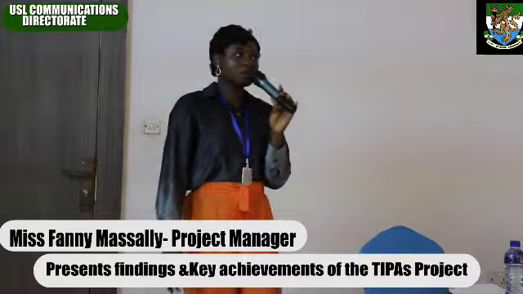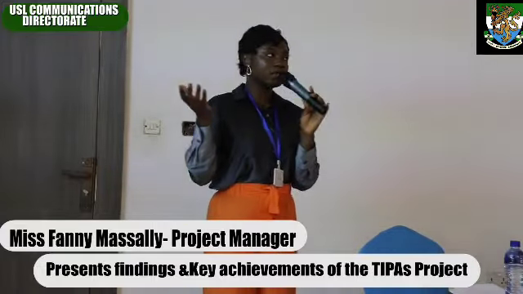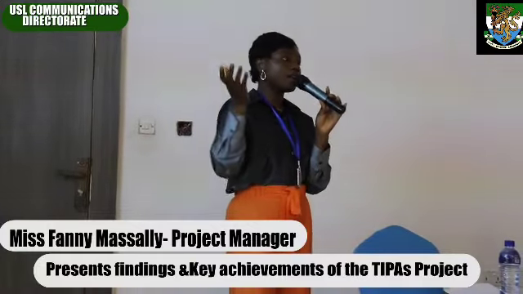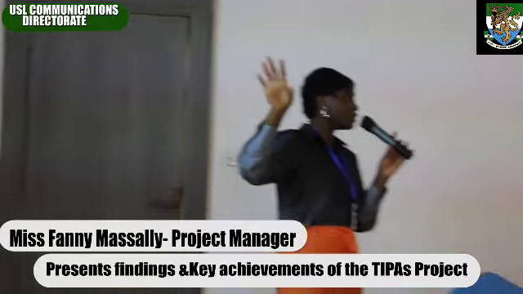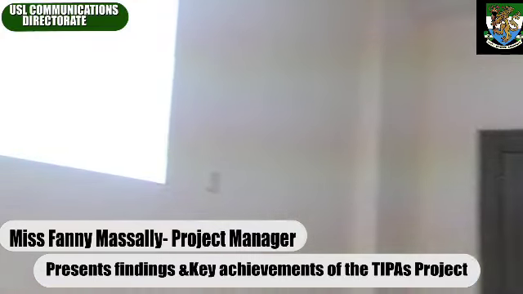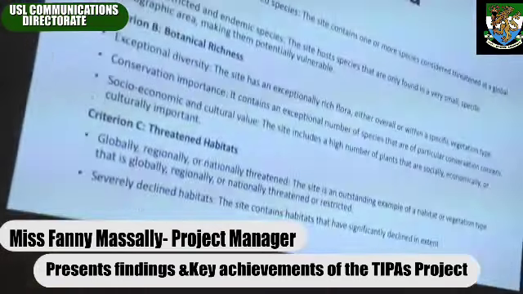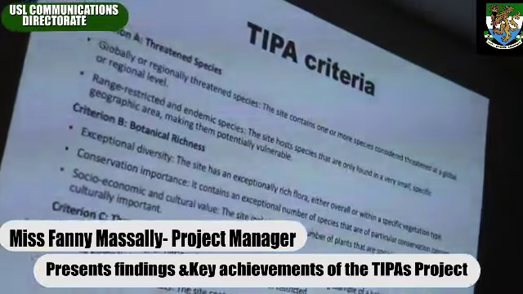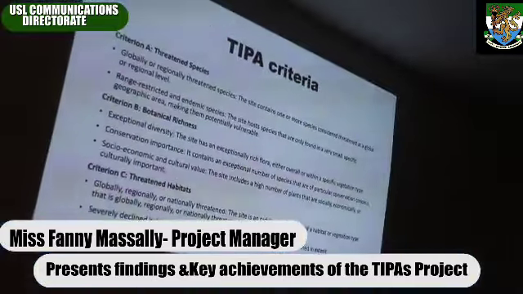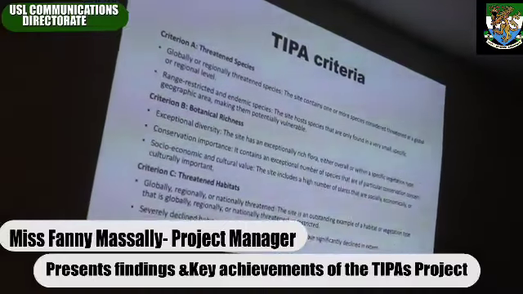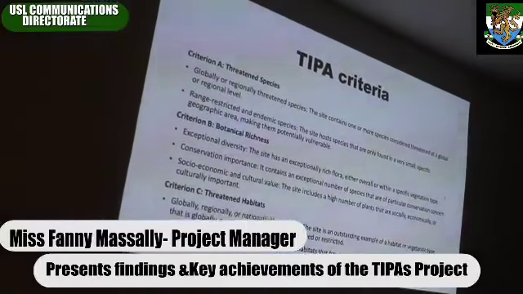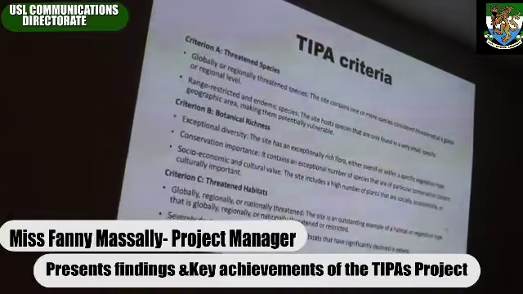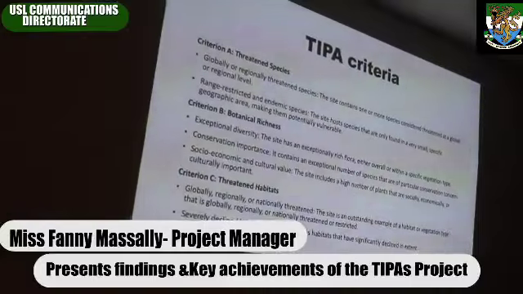So, of course, the whole idea of the TIPA project works under the TIPA criteria, and this is the criteria we use in order to assess the TIPA site. So I'll just go over it briefly. We can assess TIPA sites under criterion A, which is globally or regionally threatened species, if a site contains one or more species that is considered to be globally threatened.